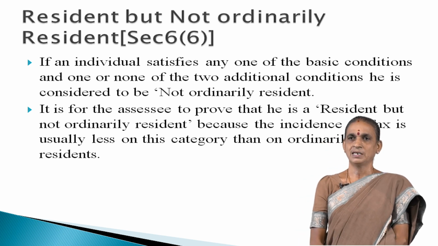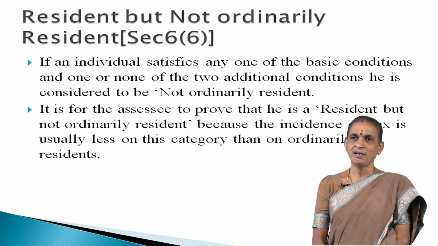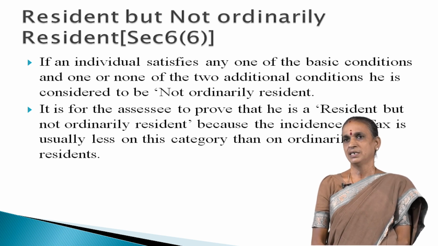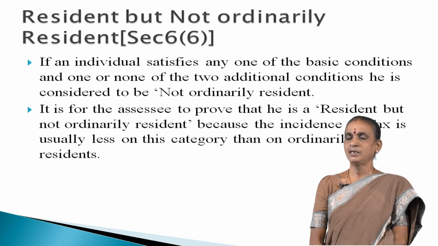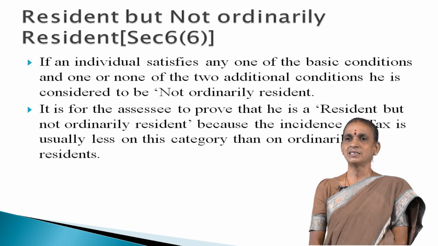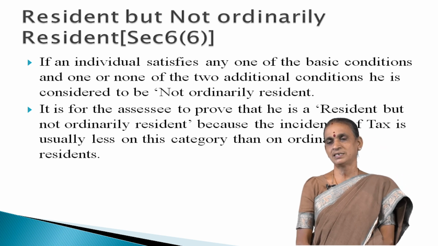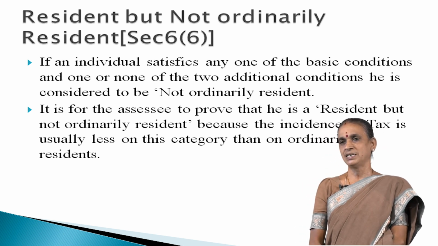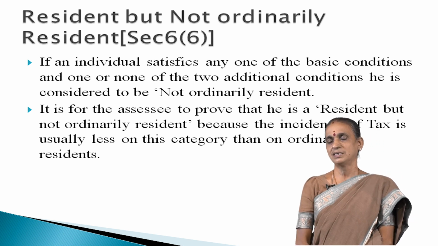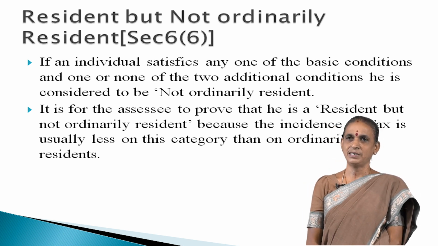In simple words, if an individual satisfies any one of the basic conditions, that means he is staying in India for a period of 182 days in the relevant previous year or 365 days in the preceding 4 years and 60 days in the relevant previous year, and satisfies the two additional conditions, that is 2 out of 10 years preceding the relevant previous year and 730 days in the preceding 7 years, an individual is said to be a resident of India.